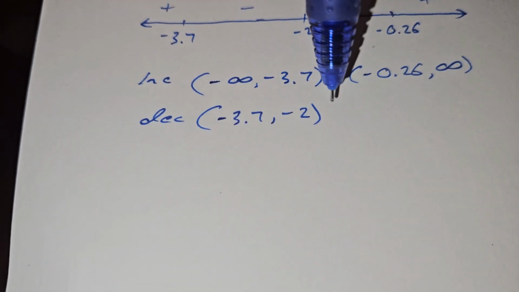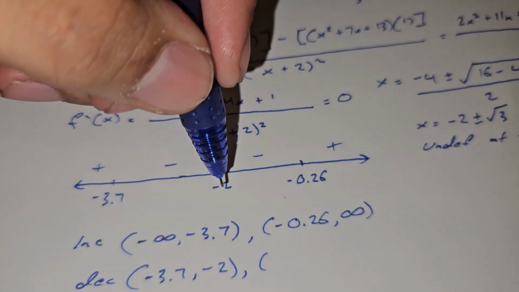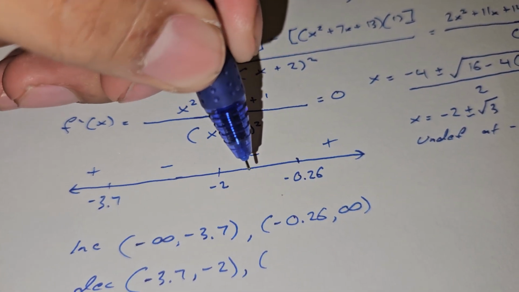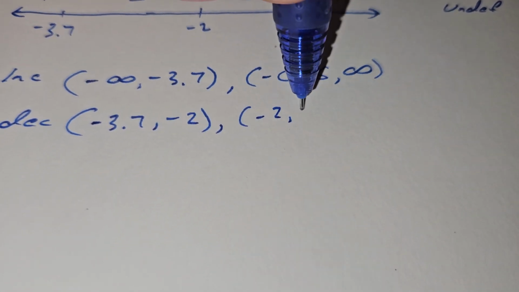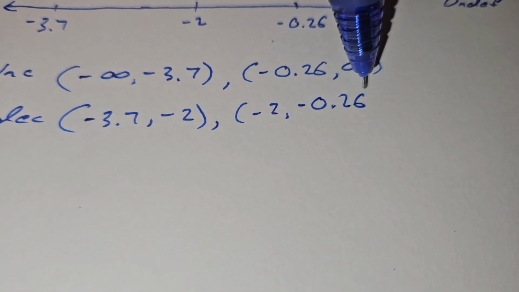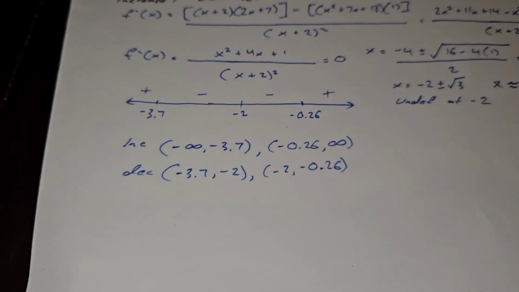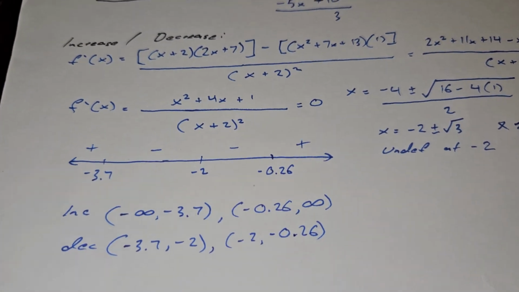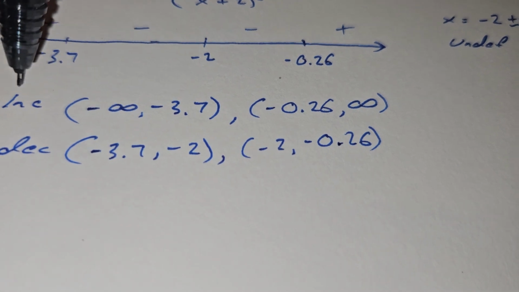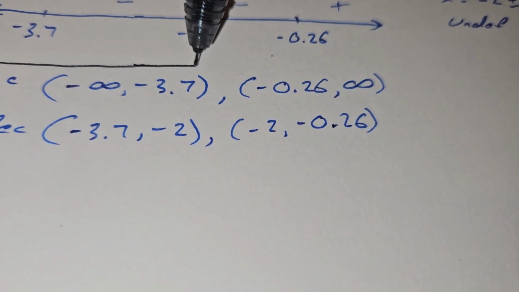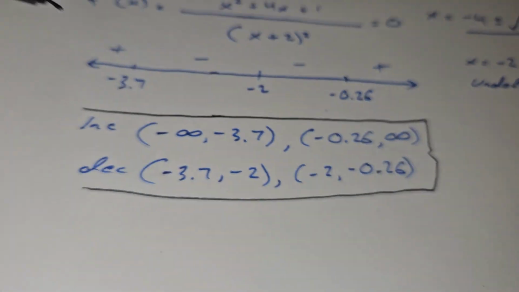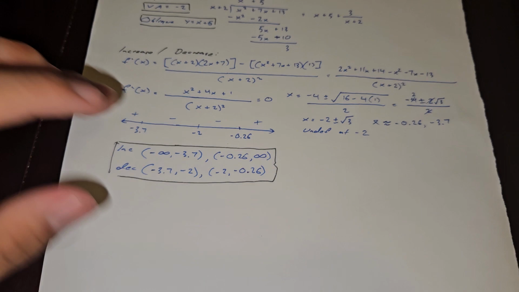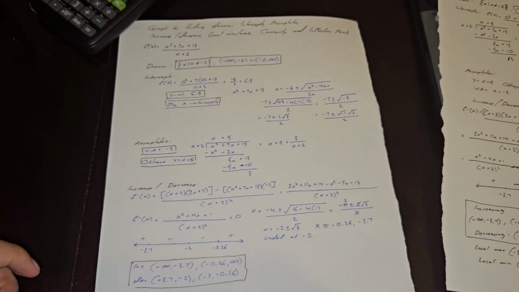And it is decreasing again from our asymptote of negative 2 all the way to negative 0.26. So that is where our function is increasing and decreasing. Let's go ahead and box our answer. That looks messy, but whatever.